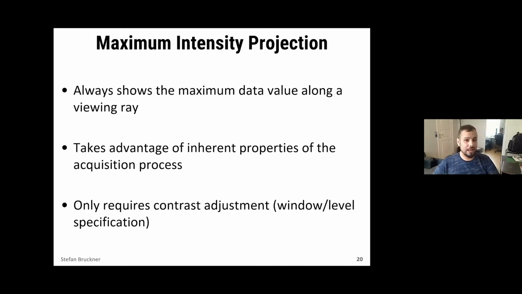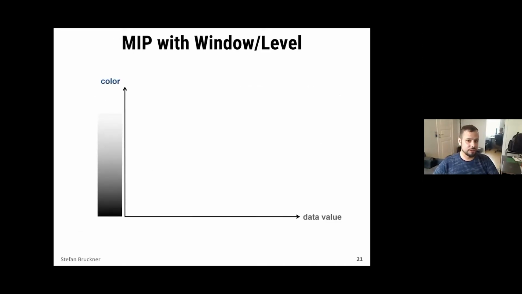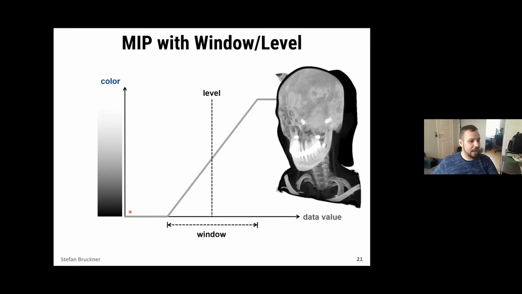Now, this window level specification that I just mentioned simply means that we are defining a level at the center here, and another range that is this window, and then we simply have a linear mapping from black to white of the data value range to colors, and that will create you an image such as this.